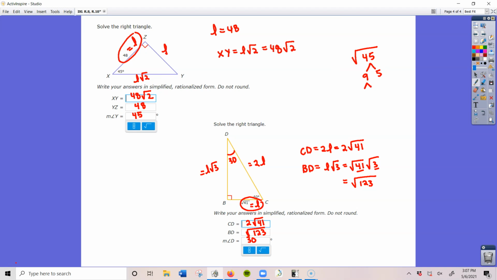But 9 can be broken down further to 3 and 3. So here's a pair. The 5 cannot be broken down anymore, so this 5 will have to stay inside. So this radical can be rewritten as 3 square root of 5, and that would be my final answer. Okay, and those are your two IXLs.